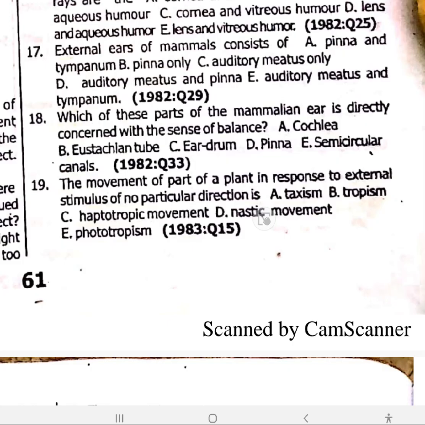Next one, let's talk about tactic movement. Take down this note. Tactic movement is also called taxis or taxism. Number one, it is a directional response to unidirectional stimulus.